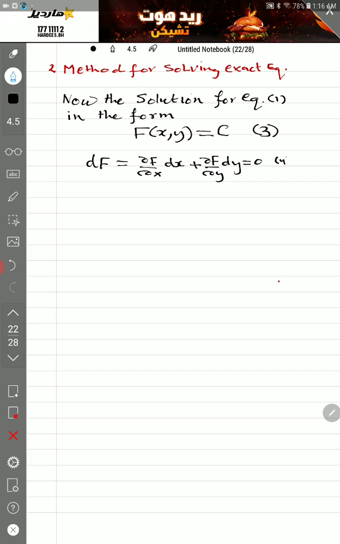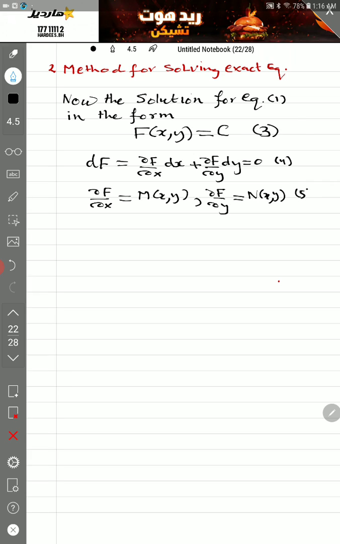Let's put this as 4. Now this equation 4, because f is the solution, is the same as equation 1. So compare equation 1 with equation 4. You get partial f by partial x equal m of xy, and partial f by partial y equal n of xy. And this is the most important condition.